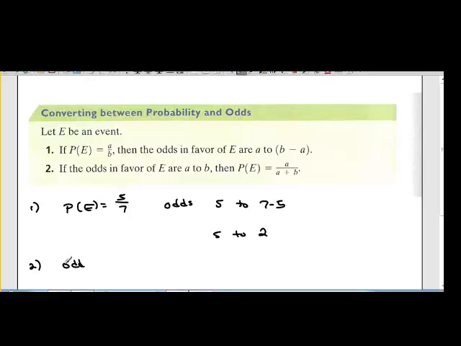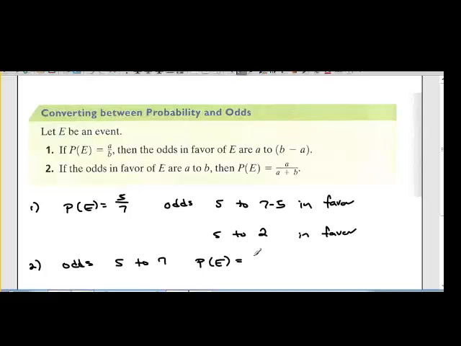So let's say the odds, and this is odds in favor, meaning it's supporting event E, were 5 to 7. What is the probability in favor?